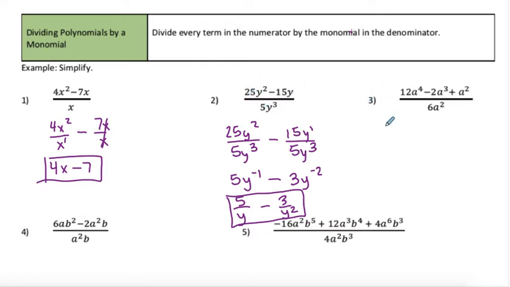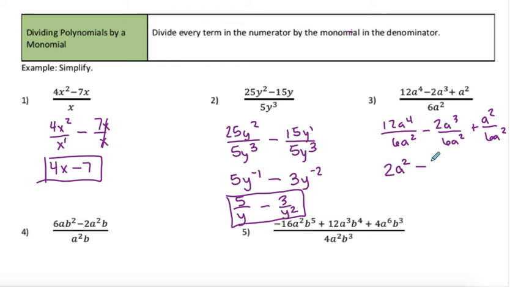On number 3, we're going to break this up, all 3 parts, divided by 6a squared. Okay, so simplifying here, we have 12 divided by 6 is 2. 4 minus 2 for my exponents, a squared.